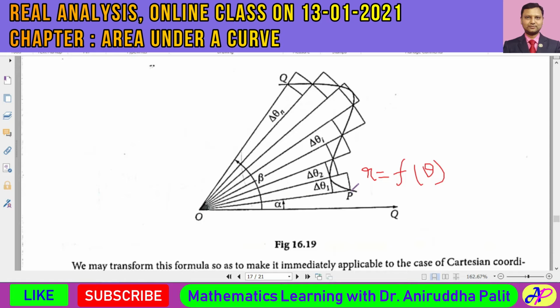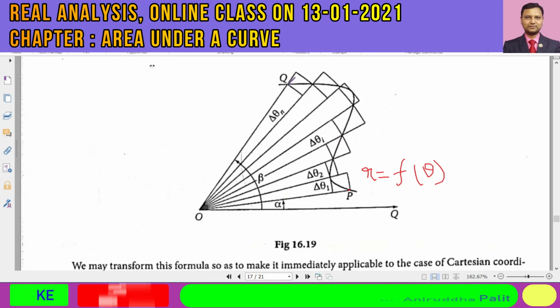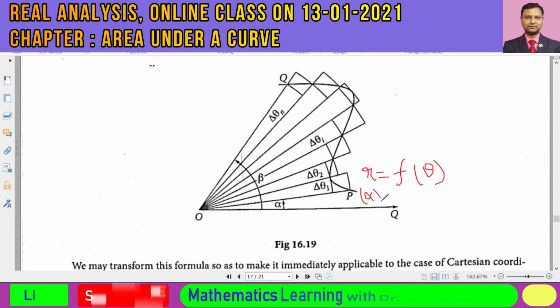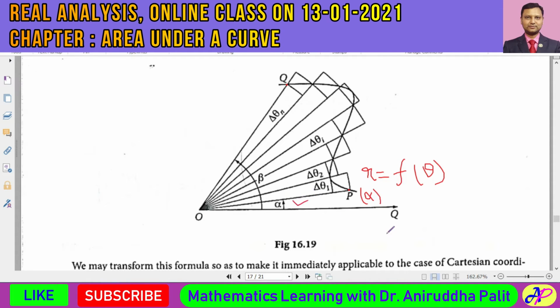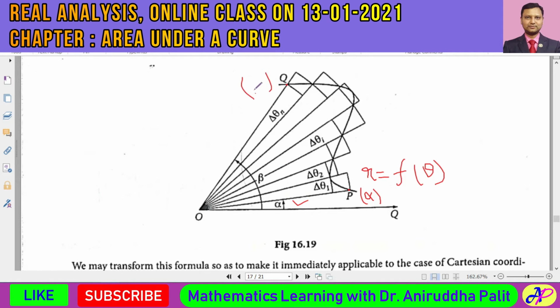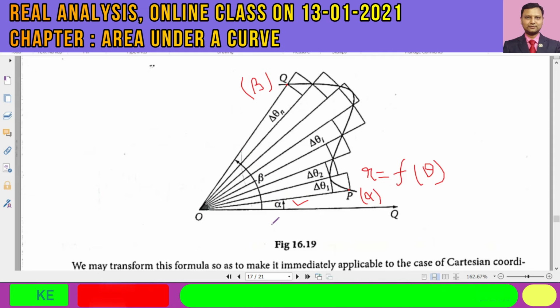Starting from the first point P up to this last point Q, suppose P has the vectorial angle alpha, this angle is equal to alpha, and suppose Q has the vectorial angle beta, this total angle is equal to beta.